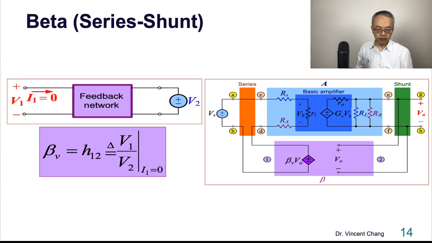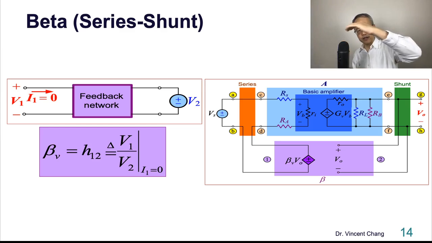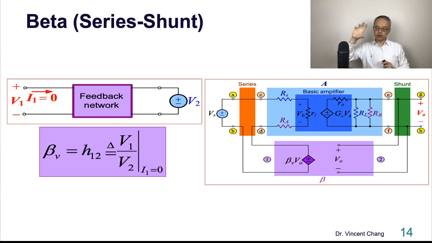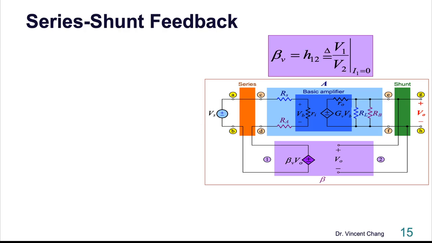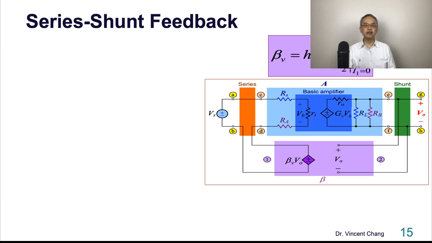Let me repeat that. For the feedback network, you can send in a test voltage from the output side, V2, and measure the resulting voltage on the left-hand side, V1. So V1 divided by V2 with I1 set to 0. This is the definition of beta for series-shunt feedback.